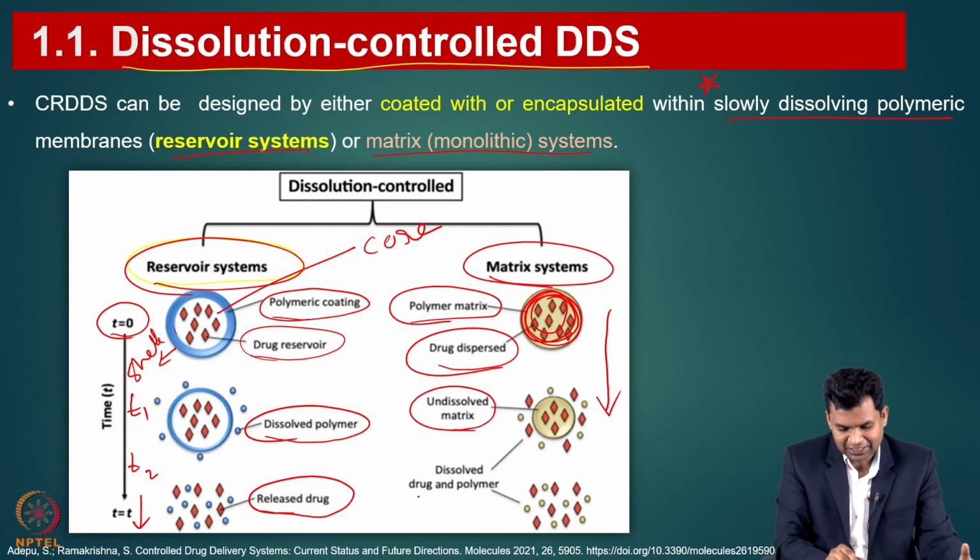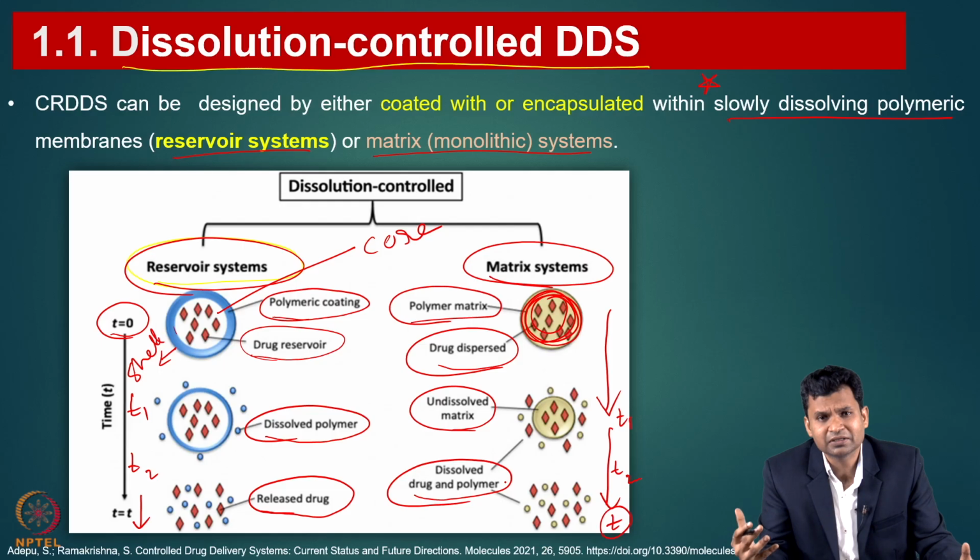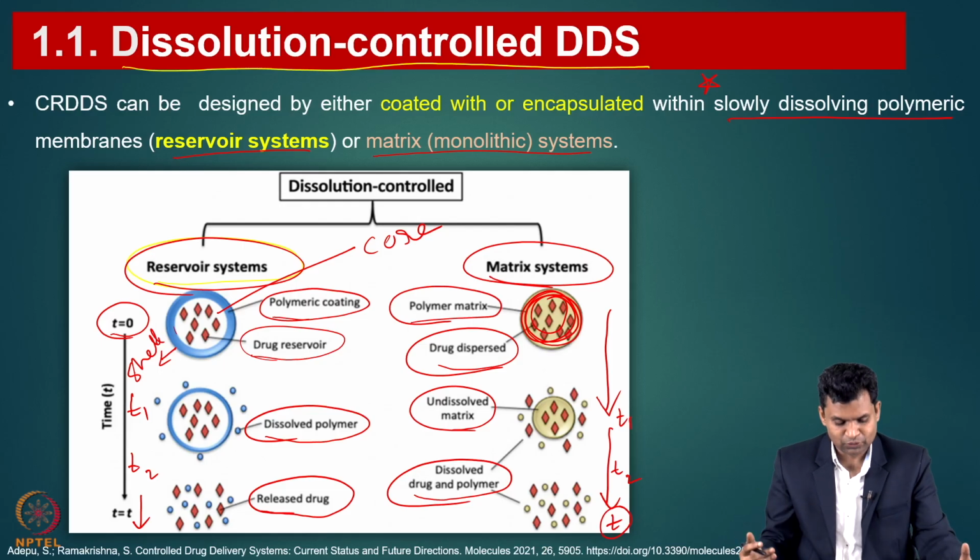As time goes on from T1 to T2 and further, your polymer and drug will dissolve slowly. So, at the end your drug will release slowly from the monolithic systems.